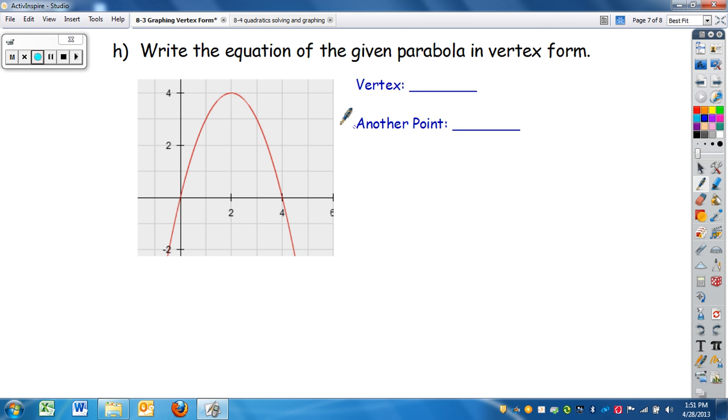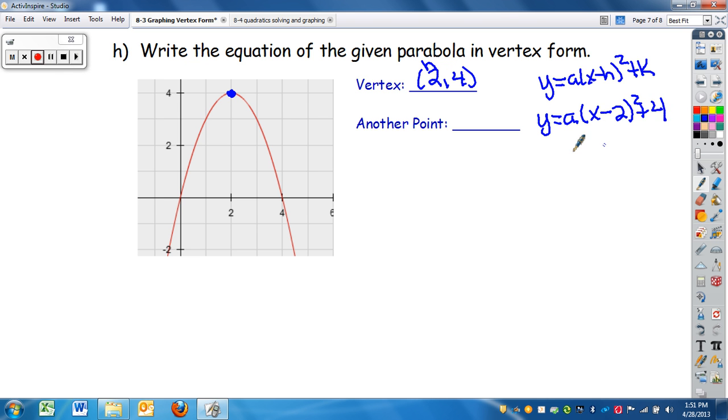Okay, so last example. So you have your vertex we need, which is 2, 4. Again, we're putting it in this form. So we have our h and k, 2, 4, so I know it's y equals a, opposite of 2 is -2, squared, plus 4, k stays the same.